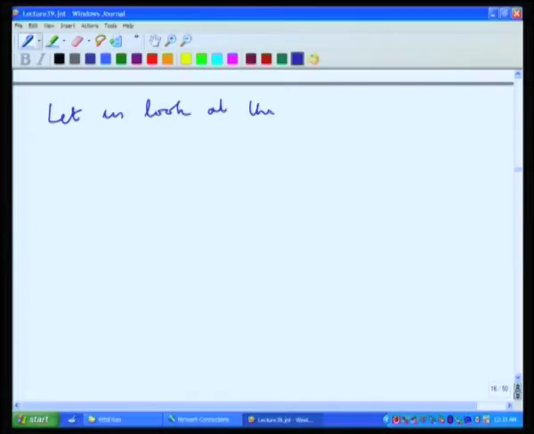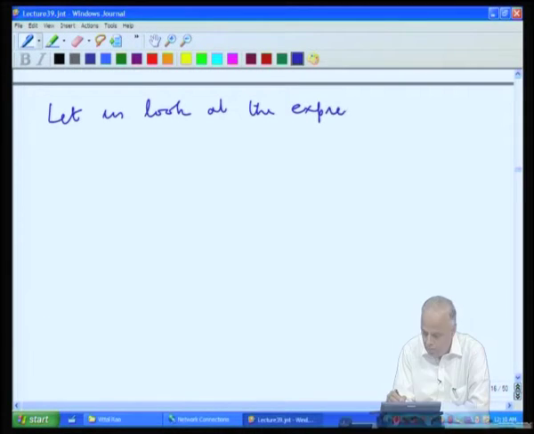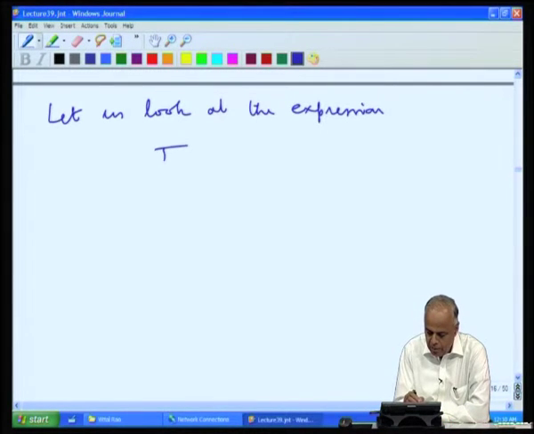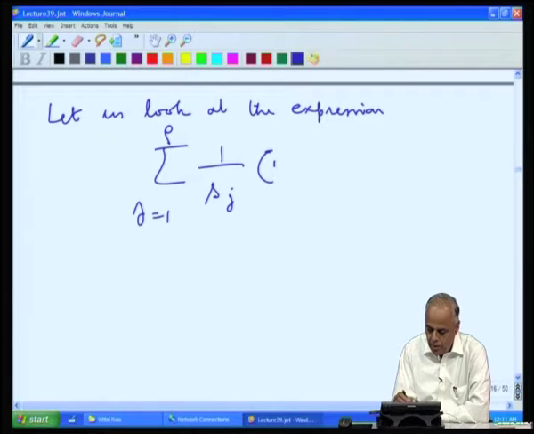Now, let us get back to the structure of the solution and get to the notion of the so-called pseudo inverse of a matrix. Let us look at the expression summation j equal to 1 to rho, 1 by S j, b u j v j.